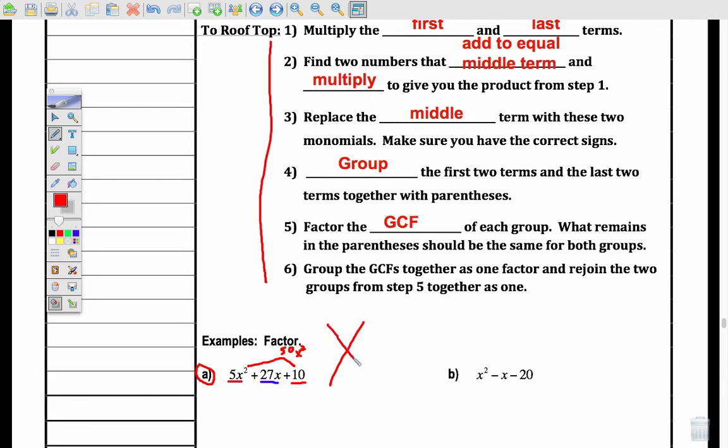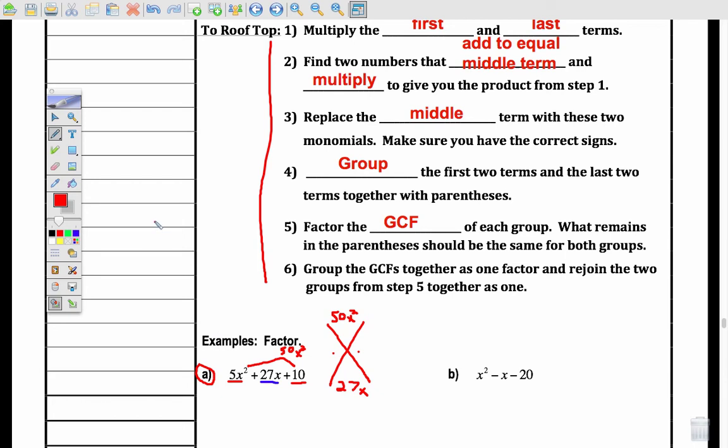We can use this little puzzle to help us out. At the top, we're going to put what we just got, 50x squared. At the bottom, we're going to put that middle term, which is, in this case, 27x. Now, the numbers that go here and here are going to multiply together to give me 50x squared and add together to give me 27x.